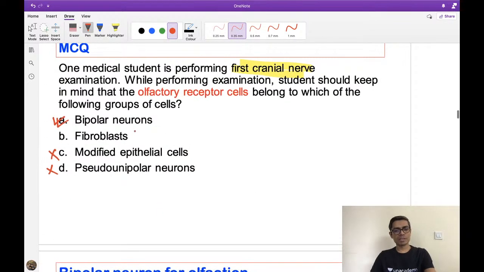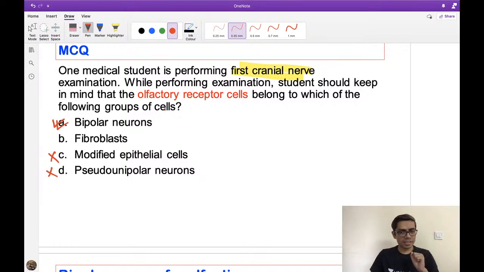Okay, so I'll go to this diagram, but before that, just think. At the roof of both of your noses, there is an olfactory epithelium, right? This epithelium size is approximately 10 centimeter square.